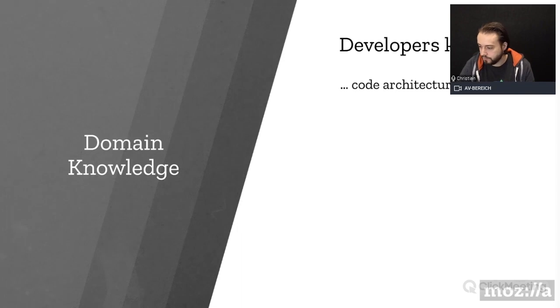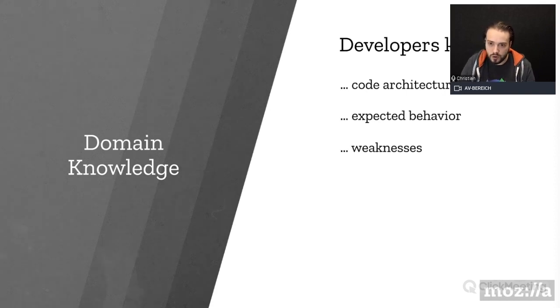And they also usually know something about expected behavior, in particular in edge cases. Sometimes it is not obvious how software should behave in certain edge cases, but the developers will know. And most of the time, developers also know something about weaknesses of their code. They sometimes know stuff about what's happening in the wild where they cannot make sense. Things like that can be very helpful to know when starting fuzzing.